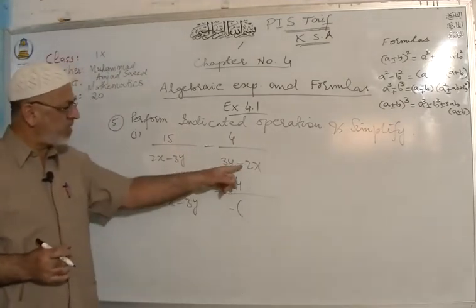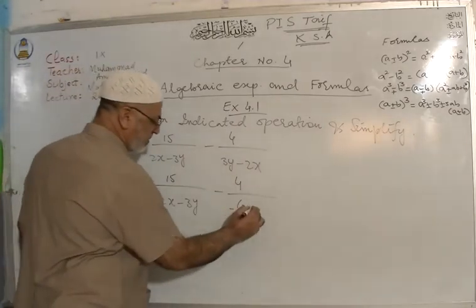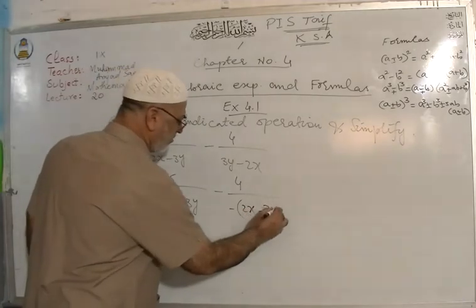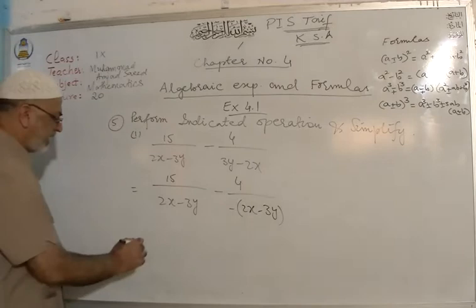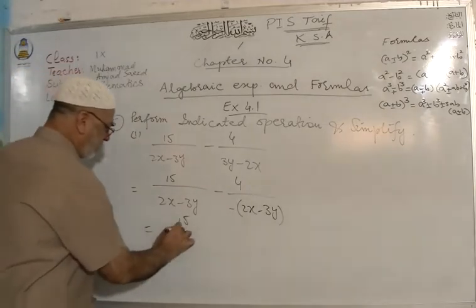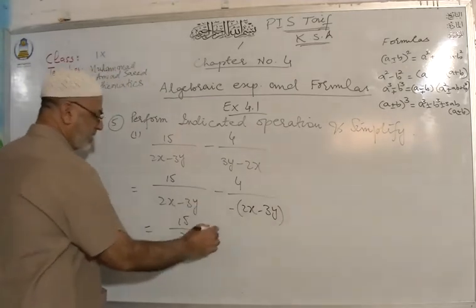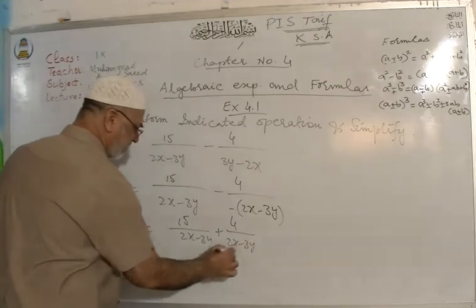Here is minus 2x. When you take minus common, this minus 2x will become plus 2x, and this plus 3y will become minus 3y. After that, 15 over 2x minus 3y, minus minus plus, 4 over 2x minus 3y.